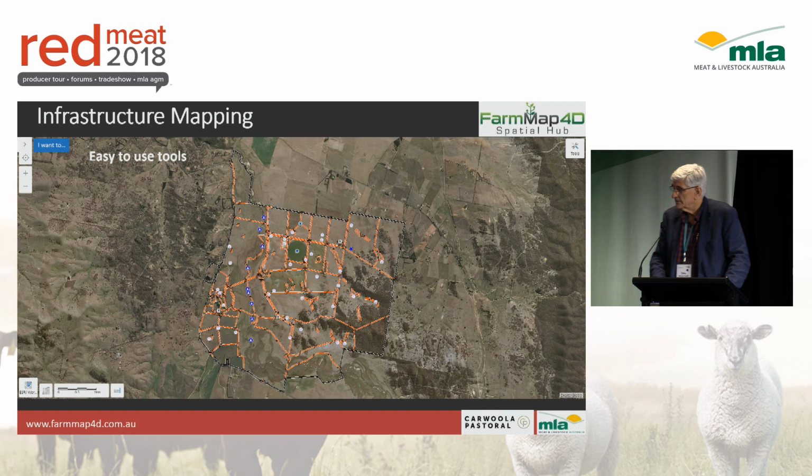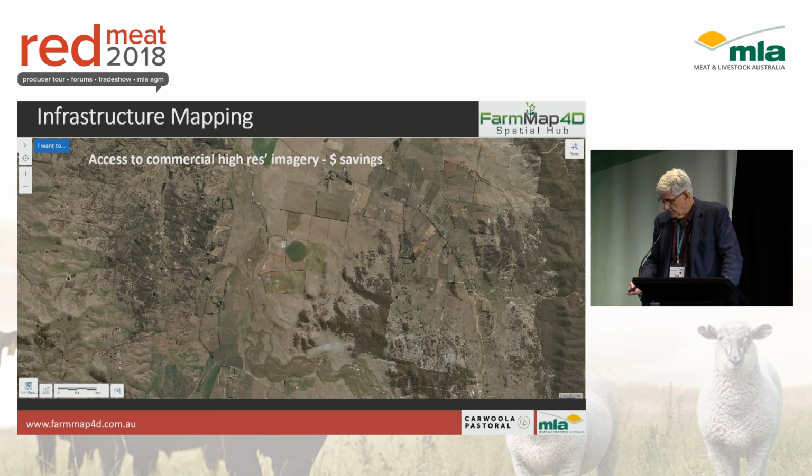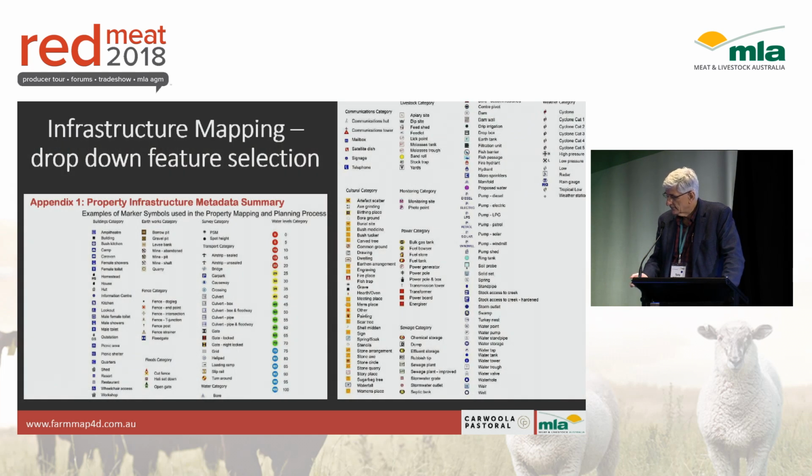So the basic premise of FarmMap is for farmers to be able to do their own mapping, and that's relatively easily done through the use of satellite imagery to set yourself up initially. The process of registering all of your infrastructure is relatively straightforward.